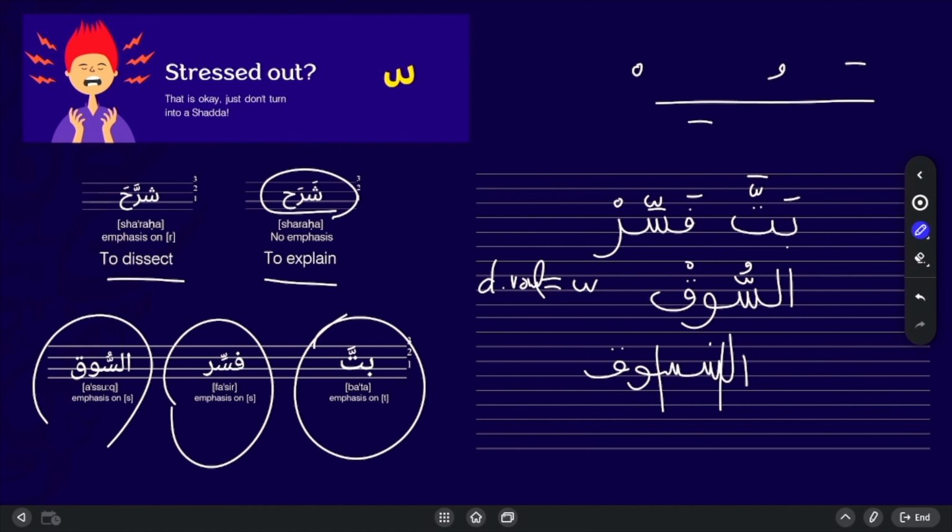So instead of pronouncing it once, you kind of pronounce it twice. But technically, that's not how the shadda works. Therefore, I tend to avoid presenting this notion as a double consonant or a double letter. It's just emphasis, and English language speakers are very familiar with emphasis, so you shouldn't have a problem with that.